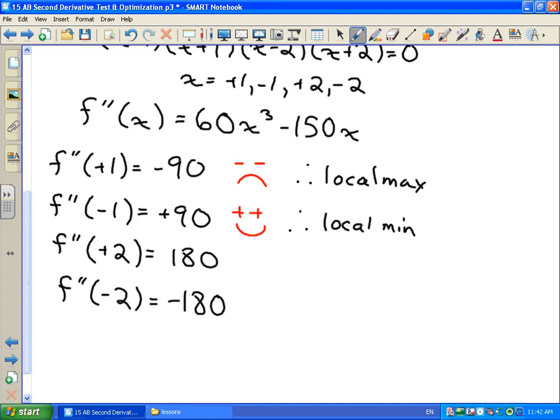And same thing for these next two here. If our second derivative is positive, we are going to have a local minimum. And if it's negative, we are going to have a local max.